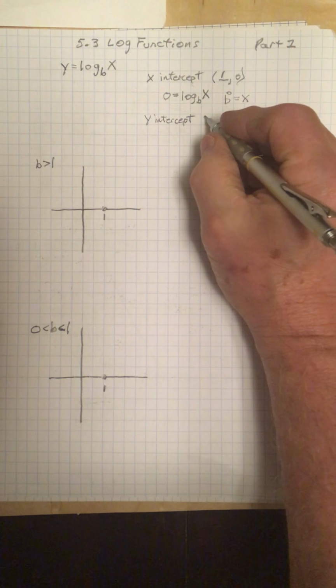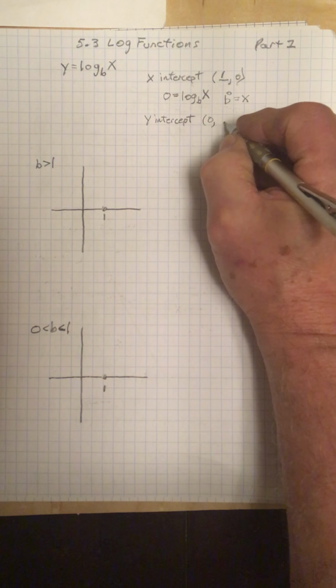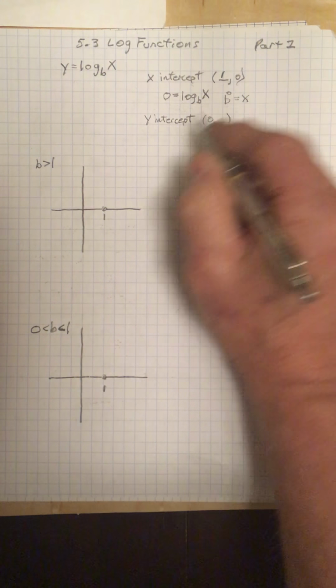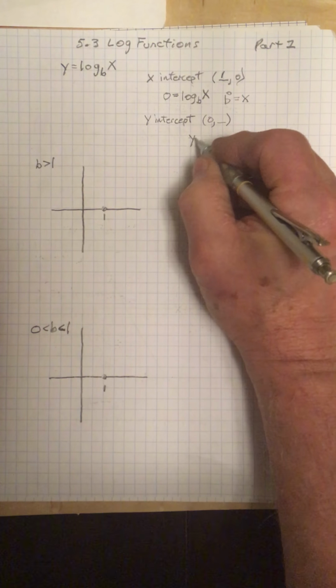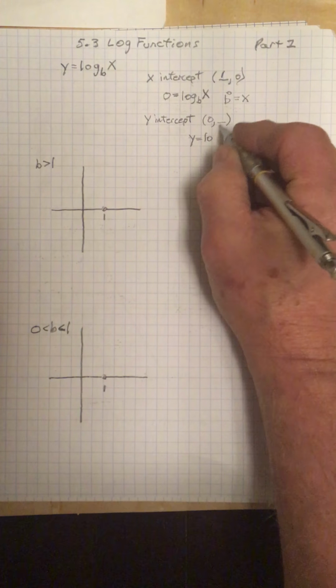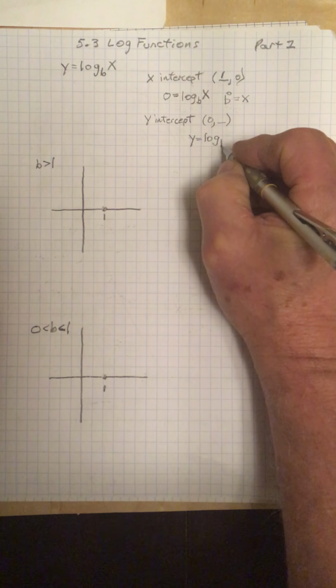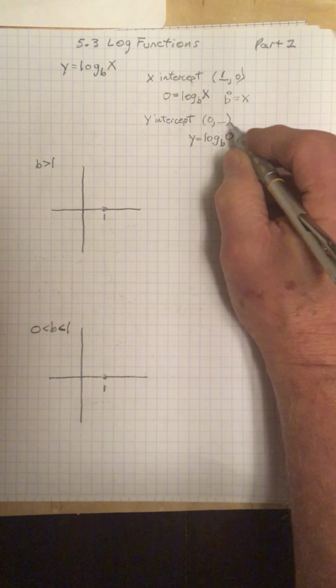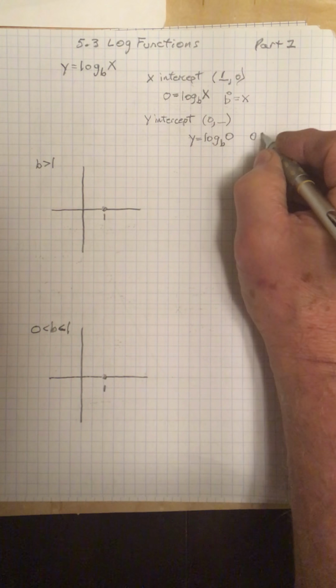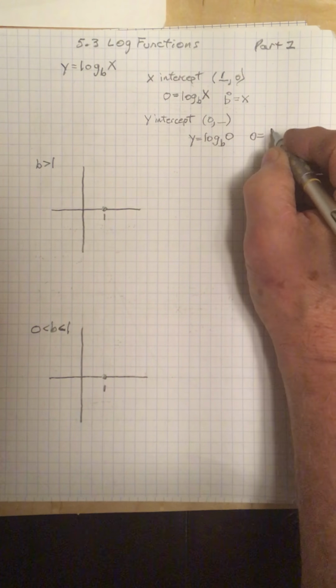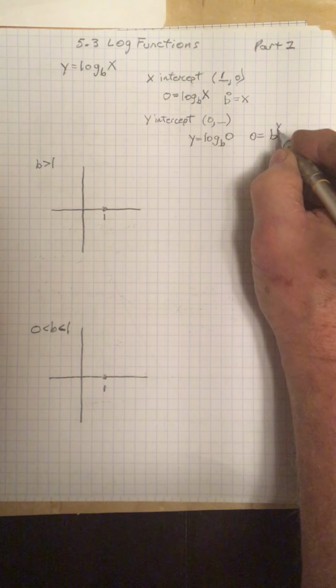So if x is 0, what does y equal? Put 0 in for x. y equals log base b of 0. Convert. So we have a number 0 equals base to the y.